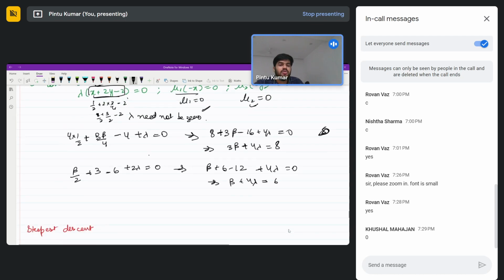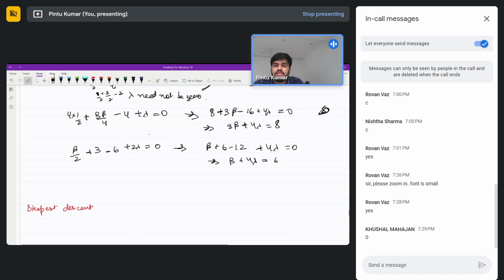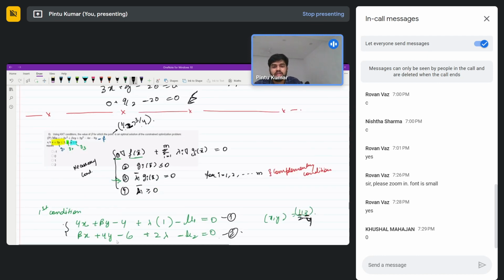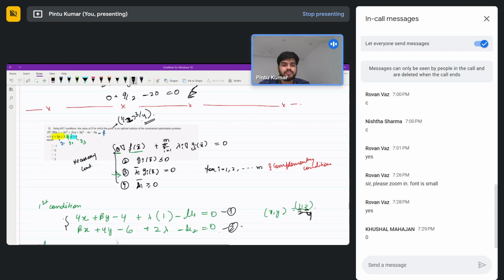Right. Now, if we just find the beta, this would mean that 2 beta is nothing but 2, if we subtract. Let's call this 3 and this 4, so 3 minus 4 gives this, or beta is equal to 1. Now this makes sense. Okay, so the point that I chose was not an optimal point, that's why we made a mistake. So yeah, this is how we solve questions based on KKT conditions.